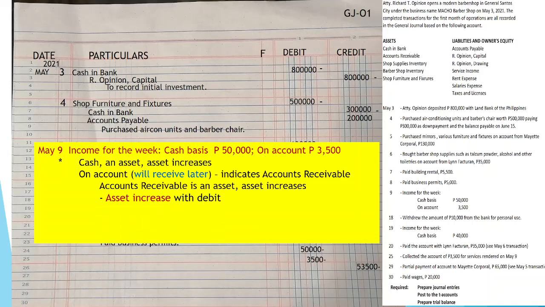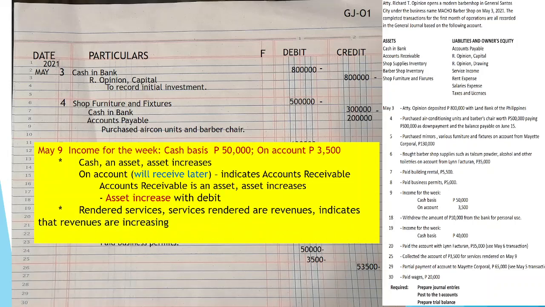On the other hand, income is what we parted with. So income or the rendered services is part of the accounting element revenues and the normal balance is credit since it increases, therefore that would be our credit.